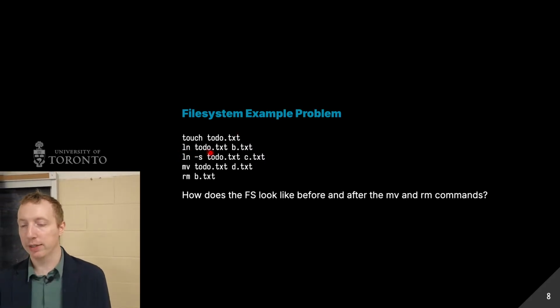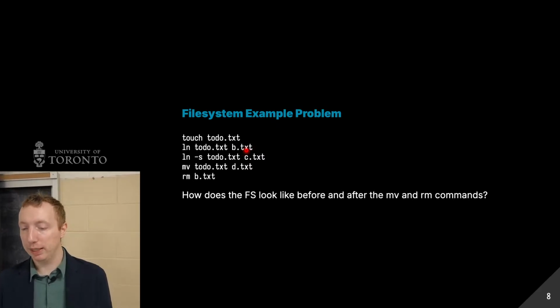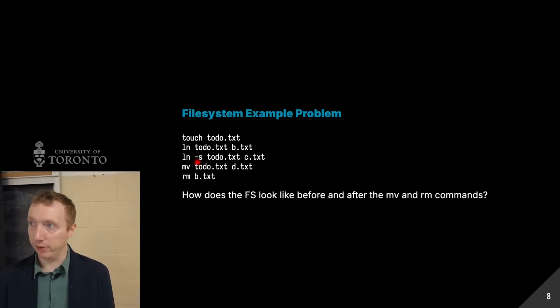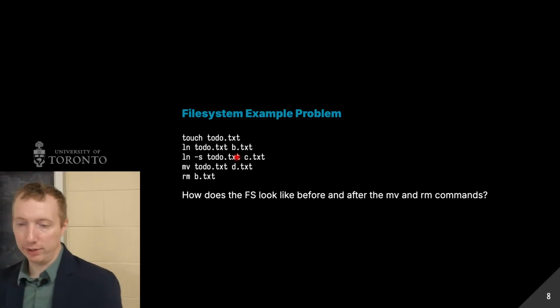Then ln todo.txt b.txt creates a new hard link called b.txt that points to the same inode as todo.txt. And then ln -s is a soft link, or a shortcut. So we're going to make something called c.txt that points essentially to the name todo.txt.